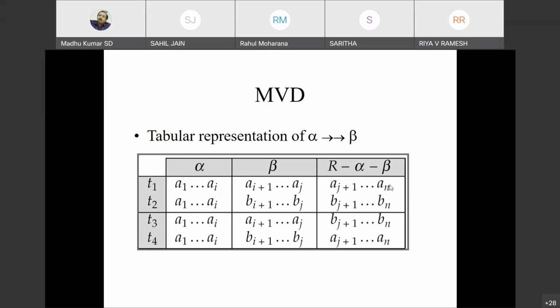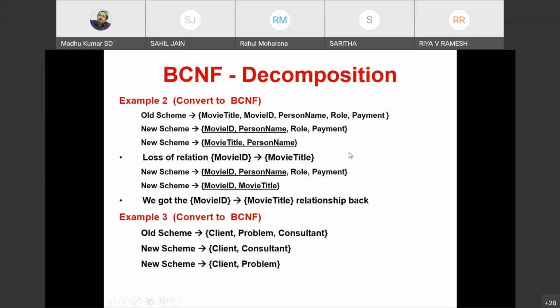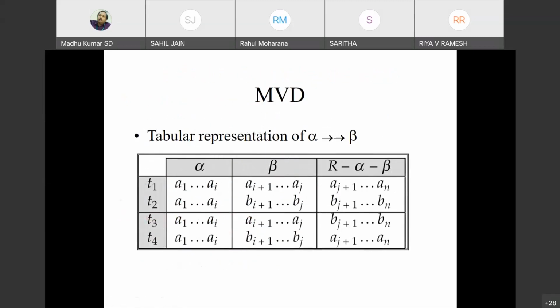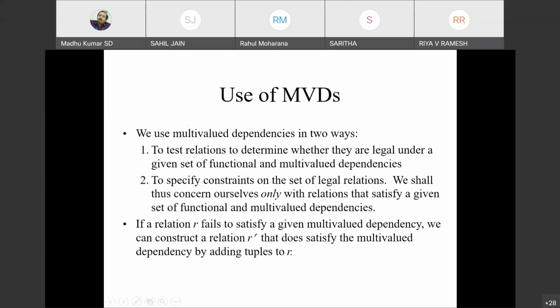So corresponding to X, there is not a single instance of Y, but there can be multiple instances of Y. In such cases, you generalize FD into something called MVD, multi-valued dependency. Corresponding to every X, there is a set of Y.